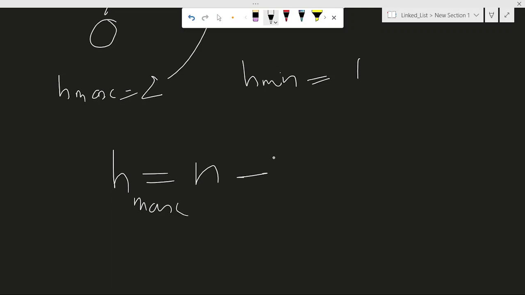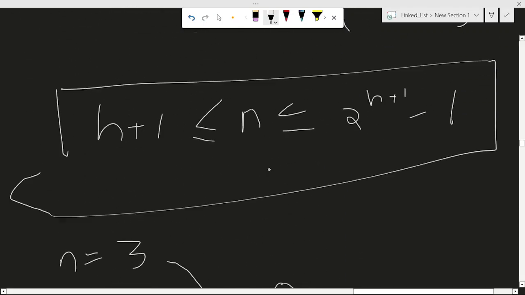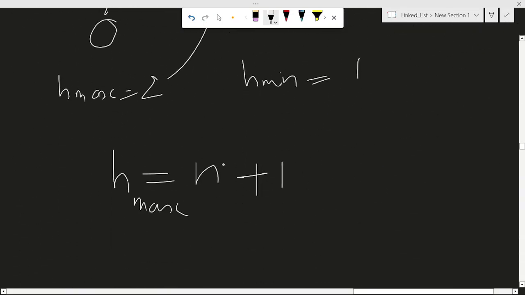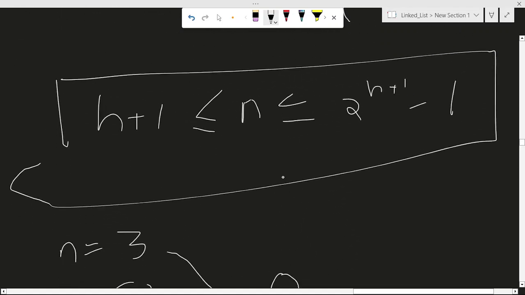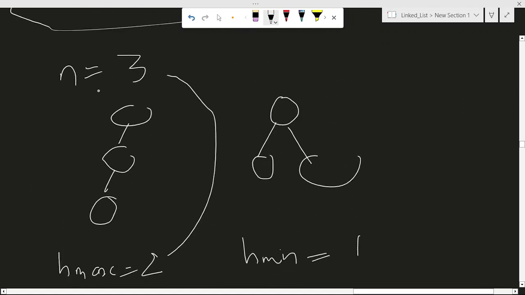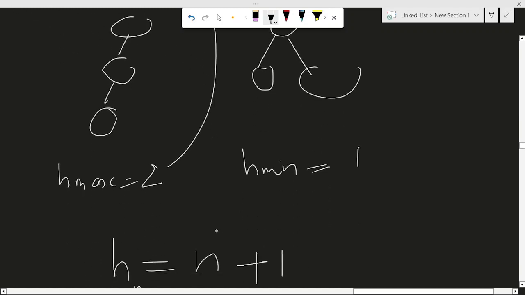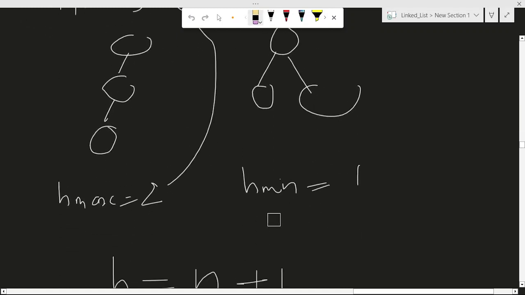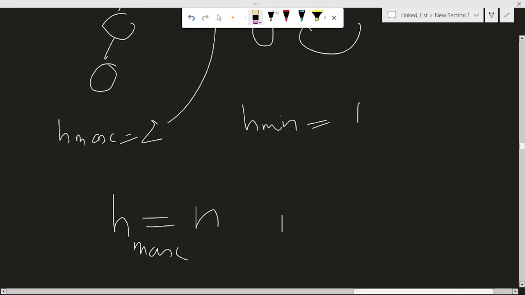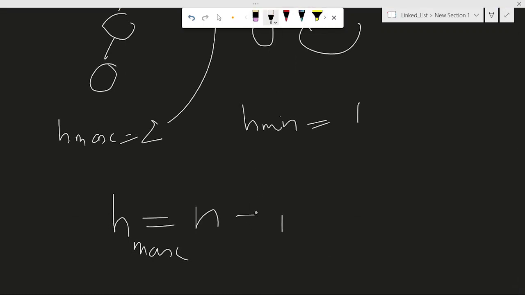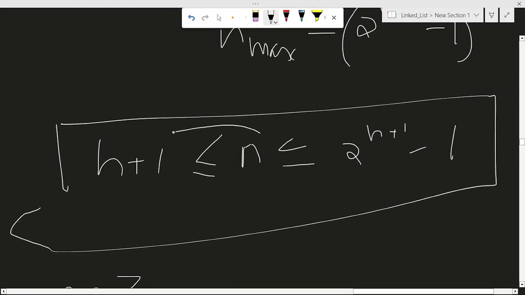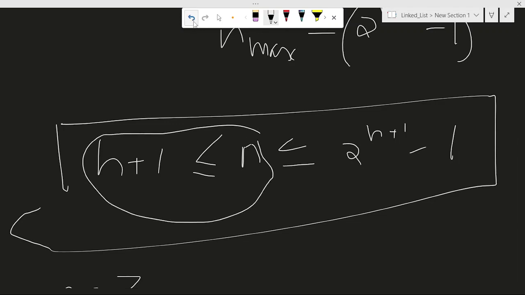Sorry, this is n minus 1. If n is equal to 3, then the height I reached was 2. So h will become n minus 1, right? So if you observe here, if you push one node at each level, you will get the maximum height.